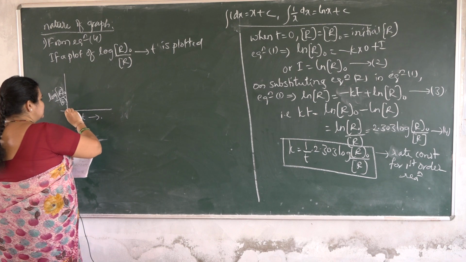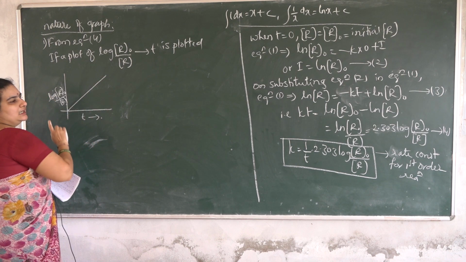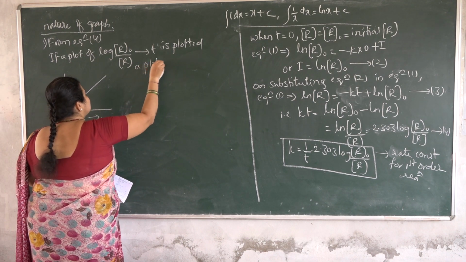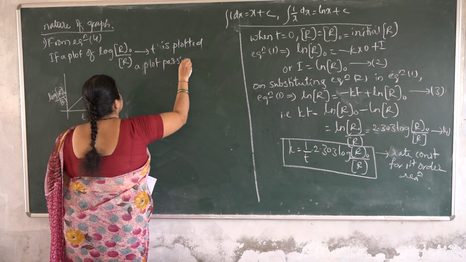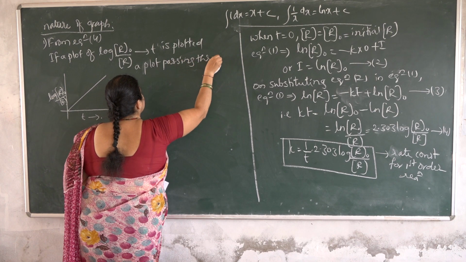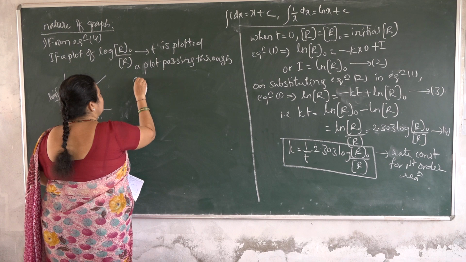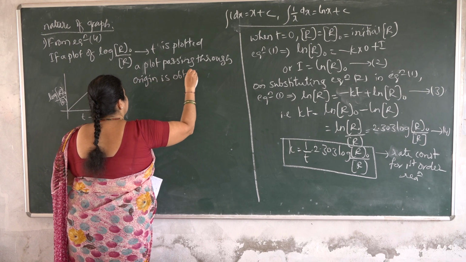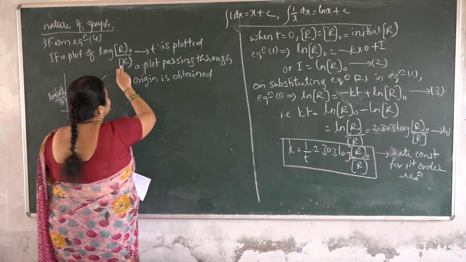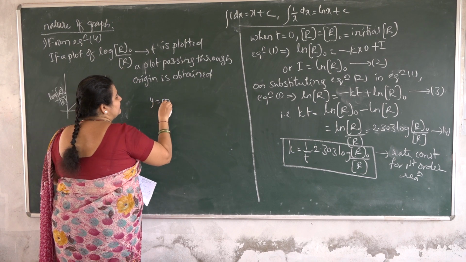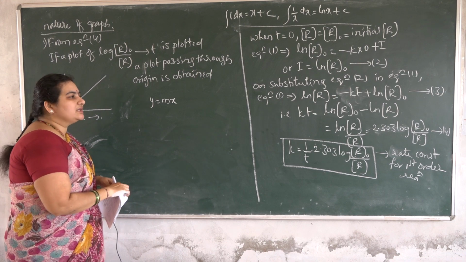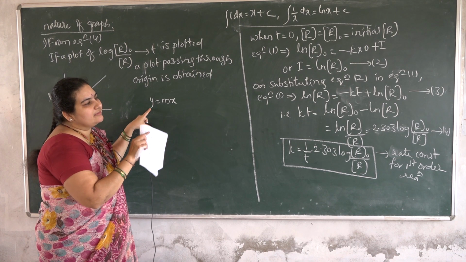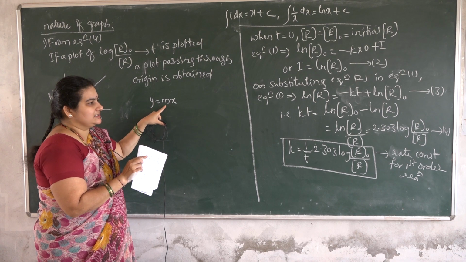So you will get this type of graph, that is, a plot passing through origin is obtained. That is, this equation is of the form y is equal to mx. So here y is log of R naught divided by R and the slope m is k.